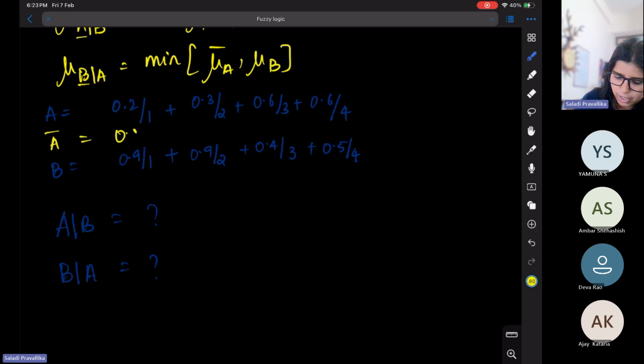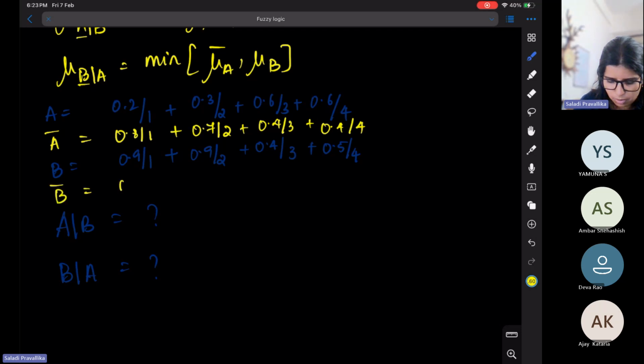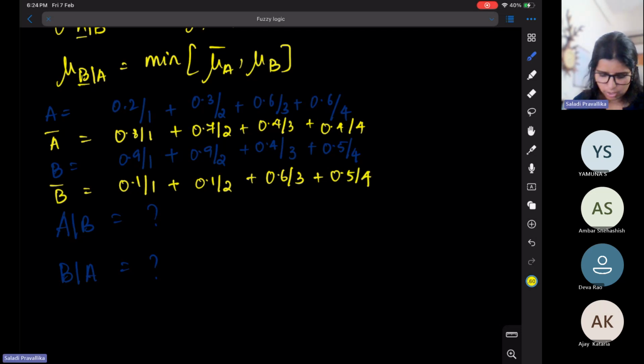So it is 0.8 by 1 plus 0.7 by 2 plus 0.4 by 3 plus 0.4 by 4. And B bar is equal to 0.1 for 1, 0.1 for 2, 0.6 for 3, and 0.5 for 4. All right. So we have A, we have B, we have A bar, we have B bar. We have all the values that are required for us.